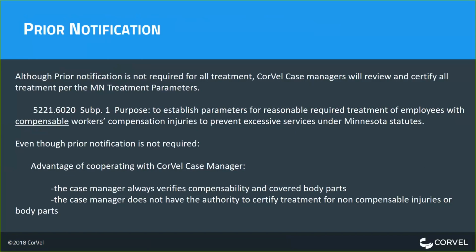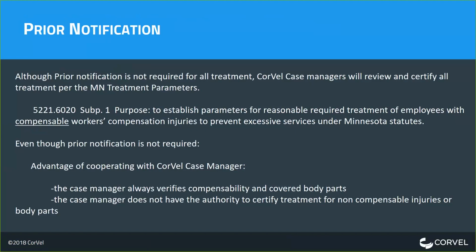So you know that when we send out a certification letter to you, we have already reviewed that that claim is accepted. You don't want to be in a position where you're assuming that prior notification is not required, but you're ending up treating a claim that was not accepted, or you're treating body parts that weren't accepted under the claim. We don't have the authority to certify treatment for non-compensable injuries or body parts.